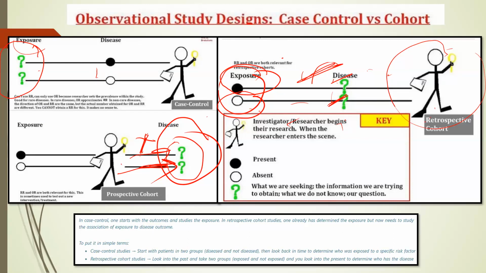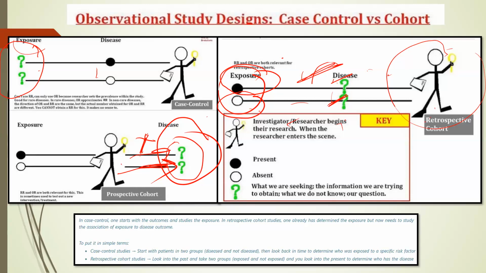In prospective cohort, there is exposure. When comparing with the retrospective cohort, like you said, it's whether the exposure or the disease that the investigator is going behind. So in prospective also, the investigator is going behind the exposure.